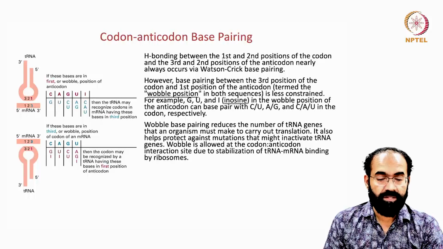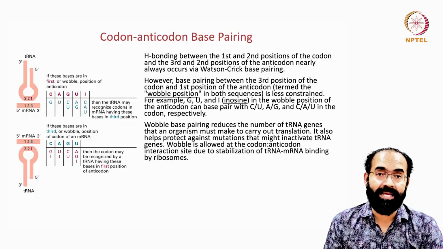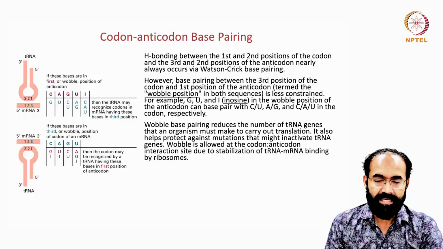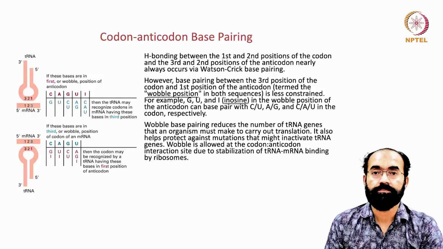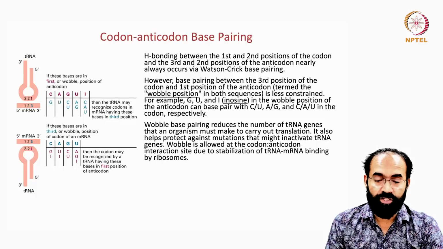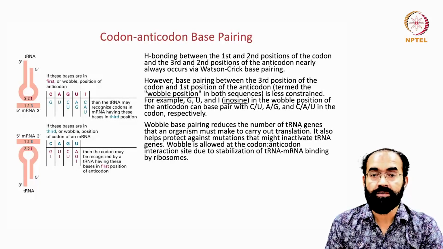For example, G, U and I, where I stands for inosine, which occurs in the tRNA as a post-transcriptional modification. In the Wobble position of the anticodon, G can base pair with C or U, U can pair with A or G, and I can pair with C, A or U, because I can pair with any of these bases in the codon respectively.